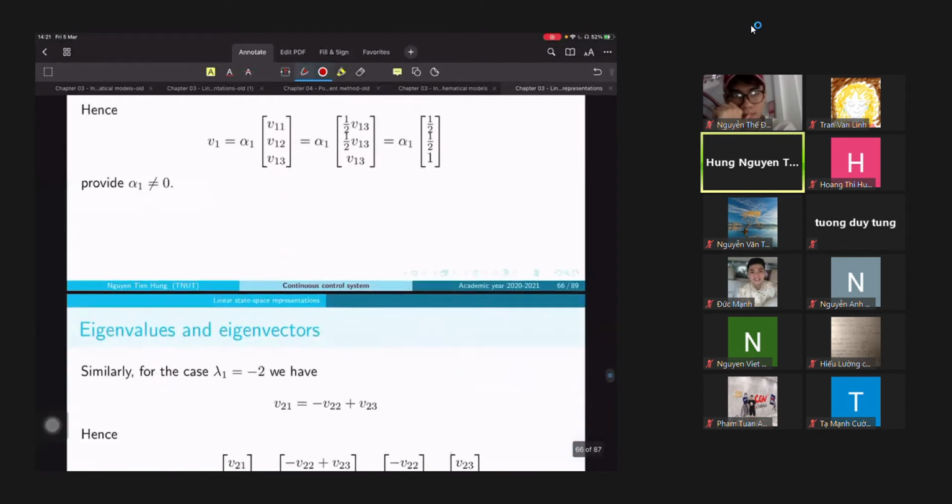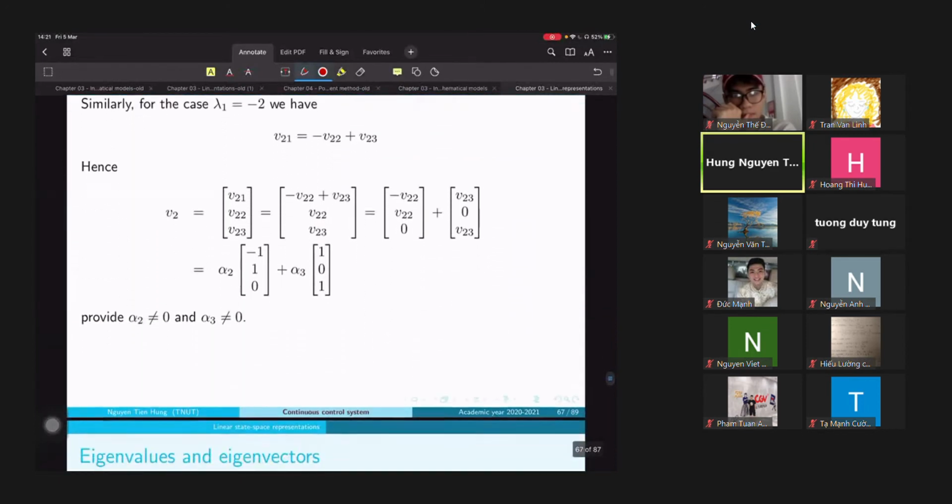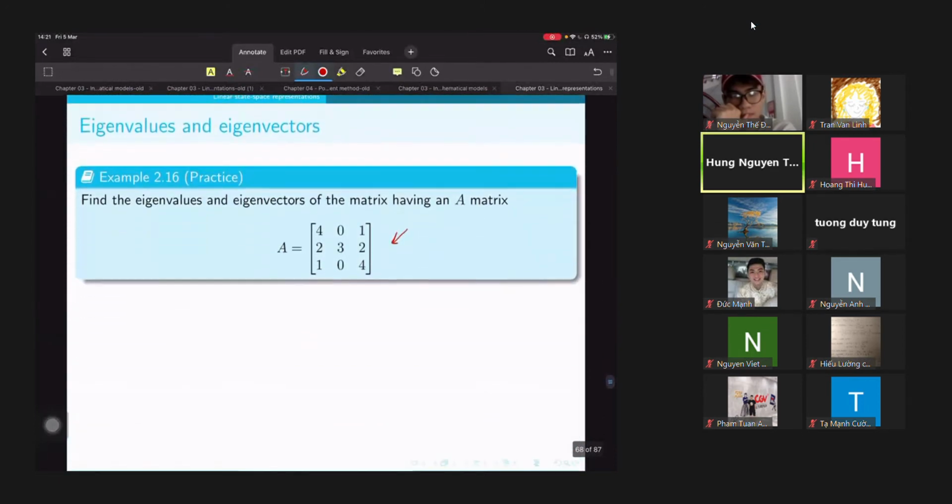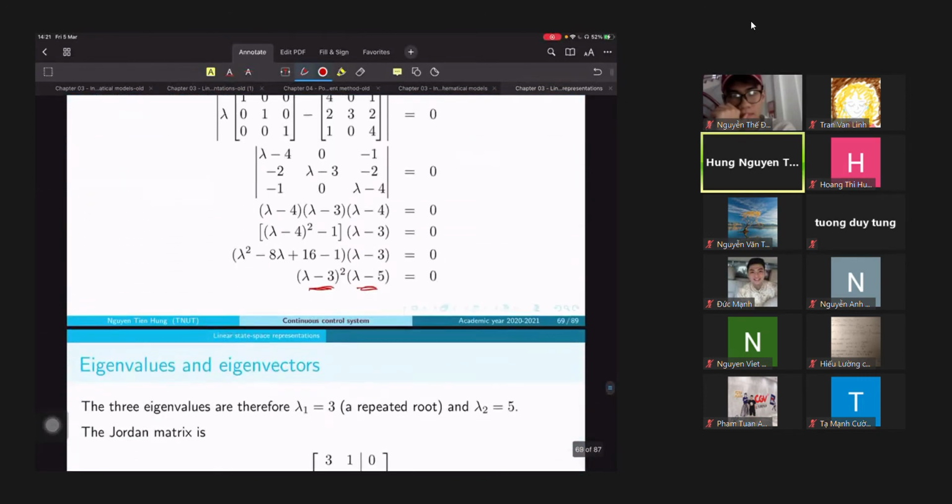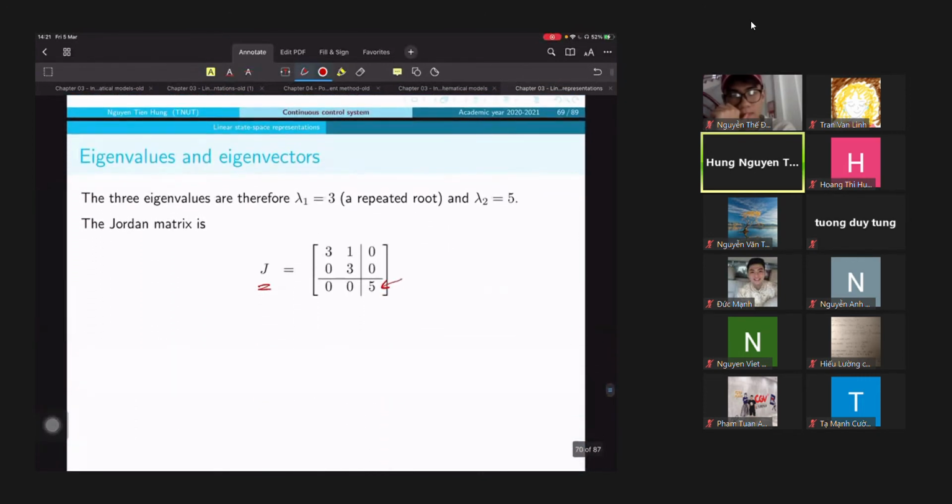You can find other vectors, but in this case, because we have two repeated roots, if you find another vector, two of them will be dependent, not independent vectors.